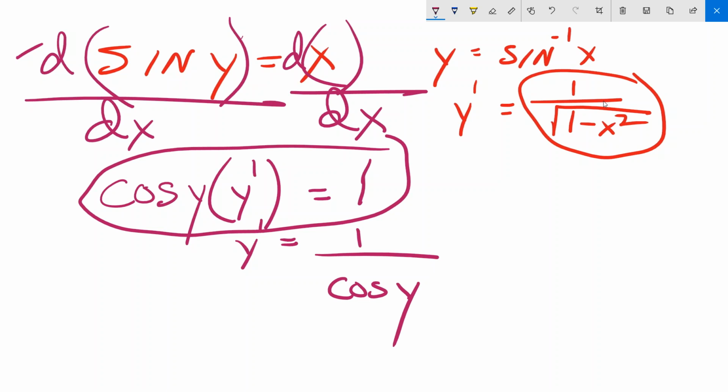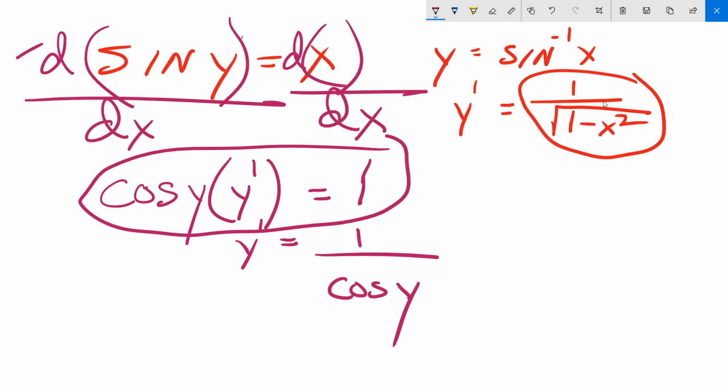Now, that doesn't look like the same answer, but it is. It's exactly the same. Unfortunately, trigonometric substitution is one of the hardest subjects in integral calculus, so I'm going to put off explaining that to you.